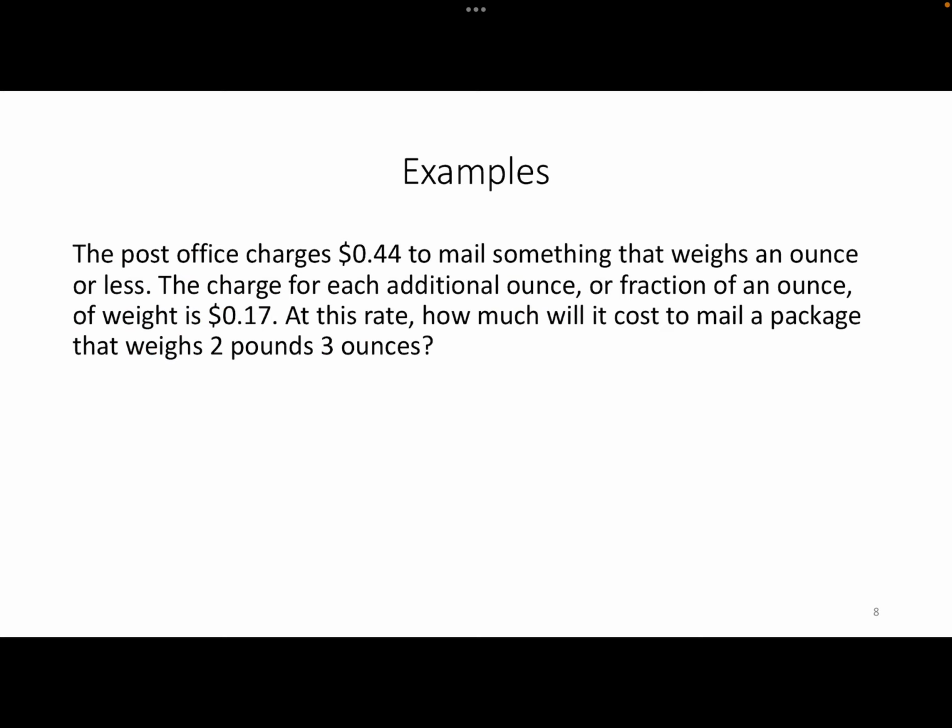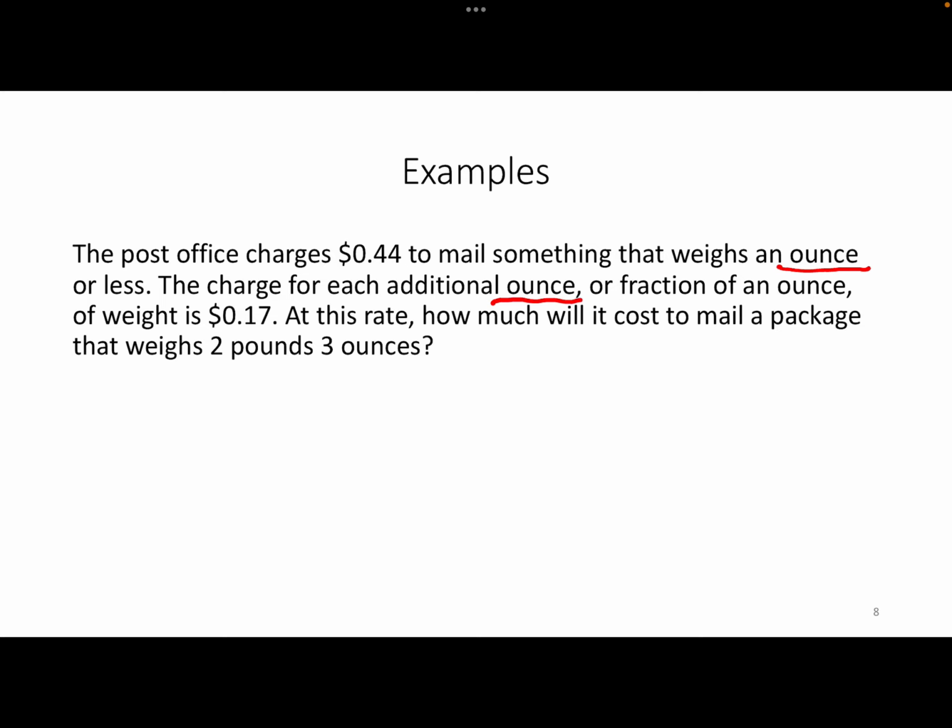And the next example: the post office charges 44 cents to mail something that weighs an ounce or less. The charge for each additional ounce or fraction of an ounce of weight is 17 cents.